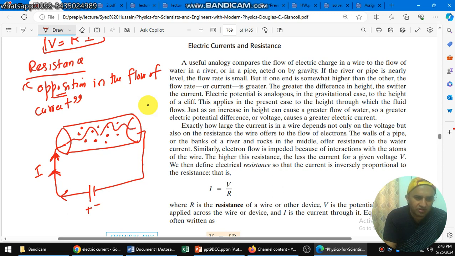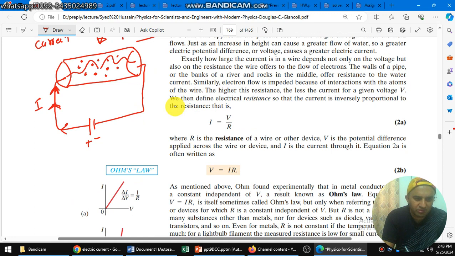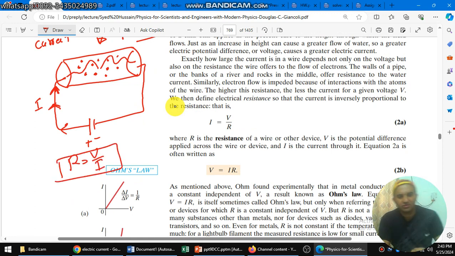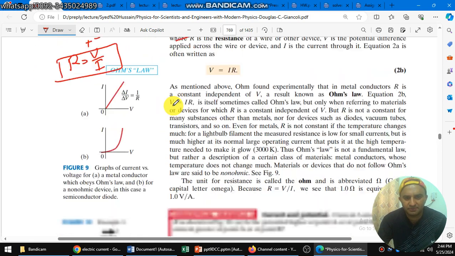This opposition offered by the atoms in the wire is called the resistance R. From V is equal to IR, R is equal to V over I, and its unit is the ohm. 1 ohm is equal to 1 volt per ampere. So resistance is measured in ohms.